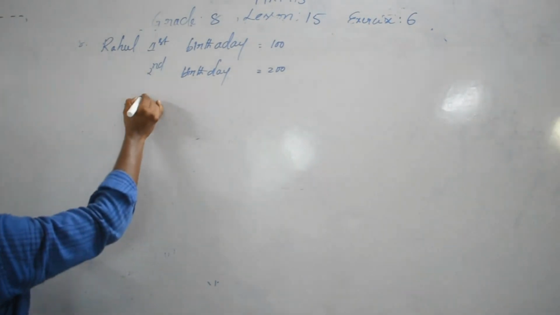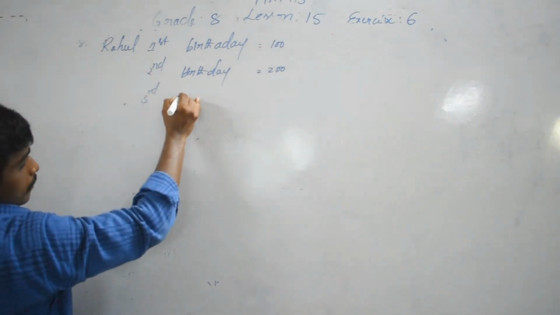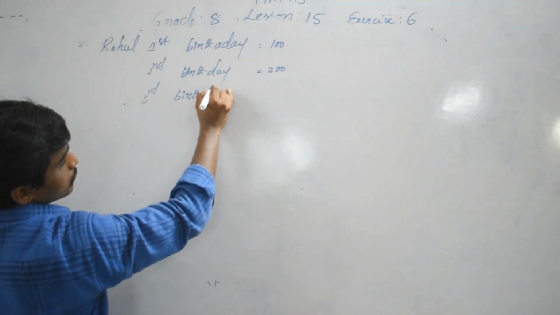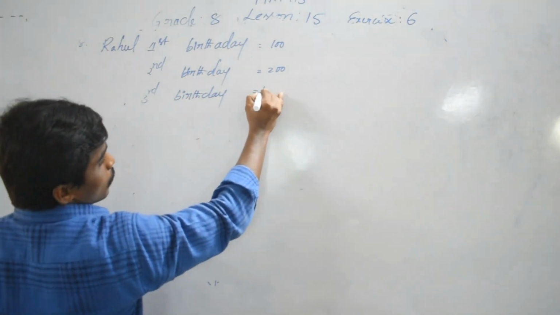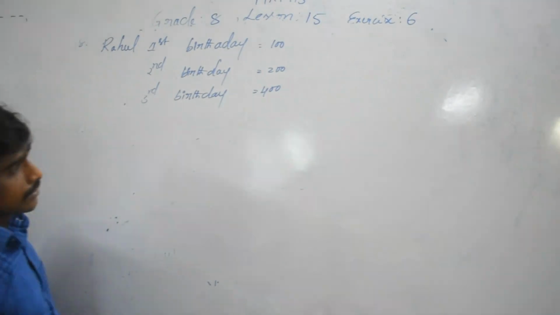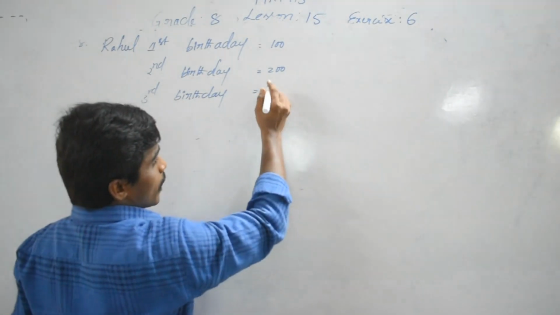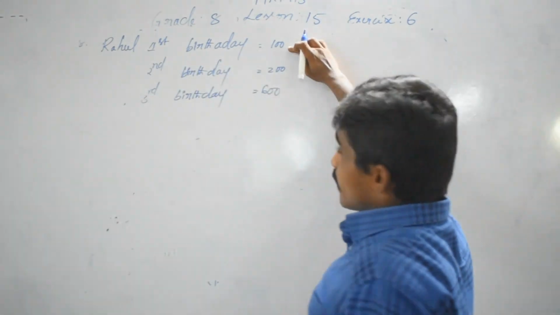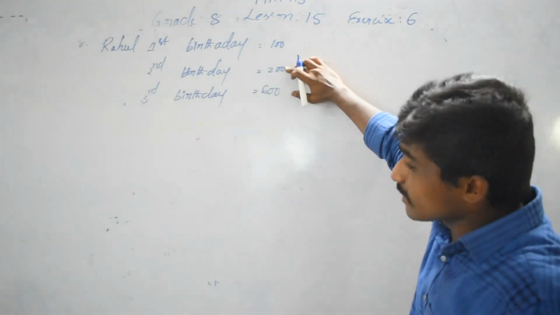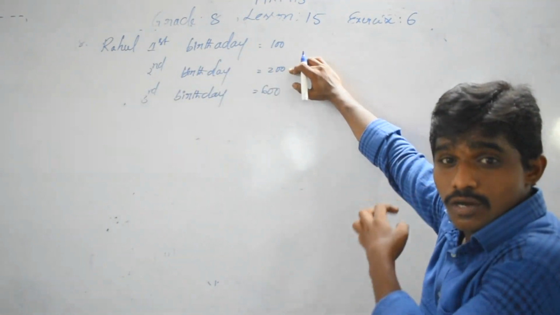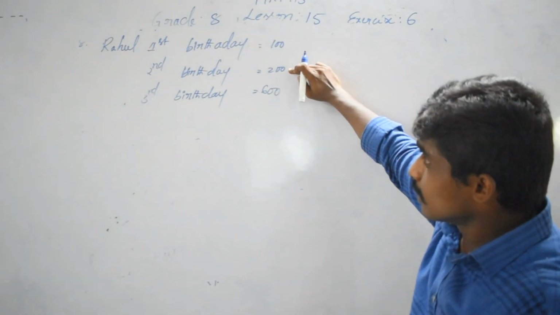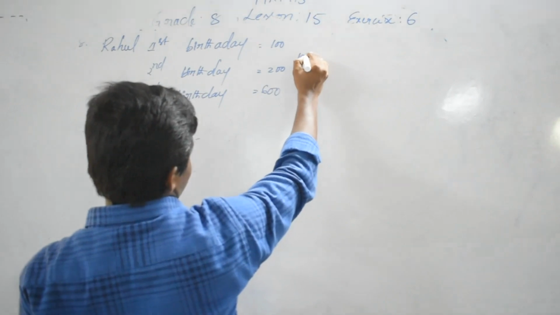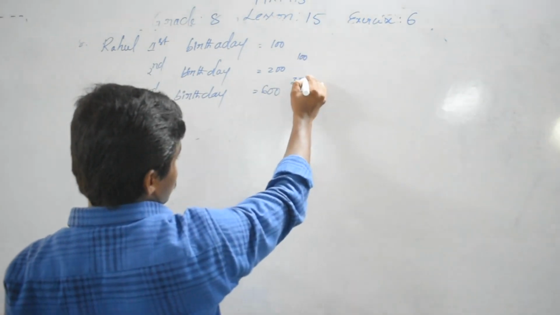Third birthday, 600. Why? Here see, 100 plus 100 is 200. So here 300 is added. Here 300 is added to 100.